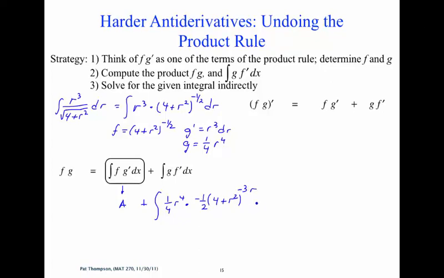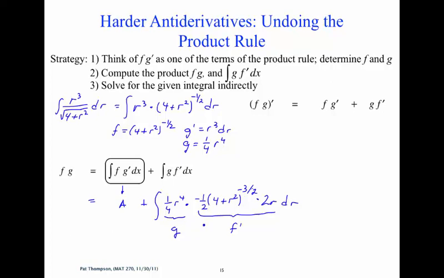Done? What else? Times 2r, right? So this whole thing is our f prime, and this was our g. And then f times g is just f times g.